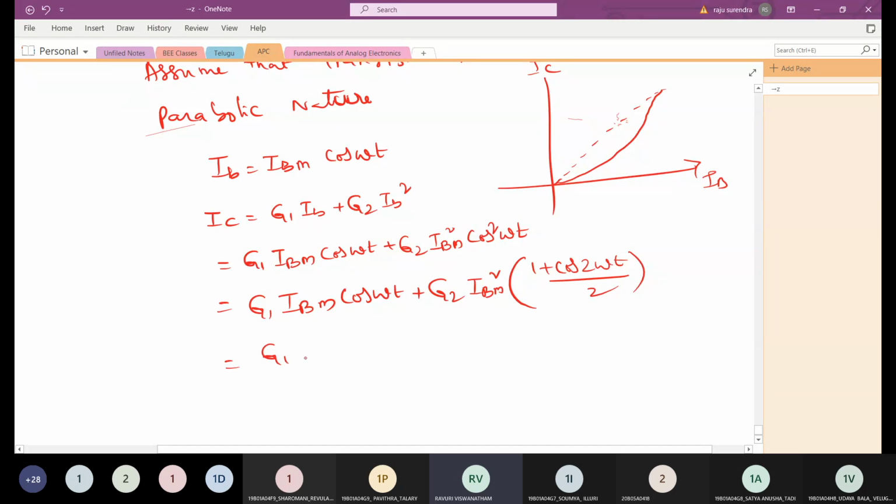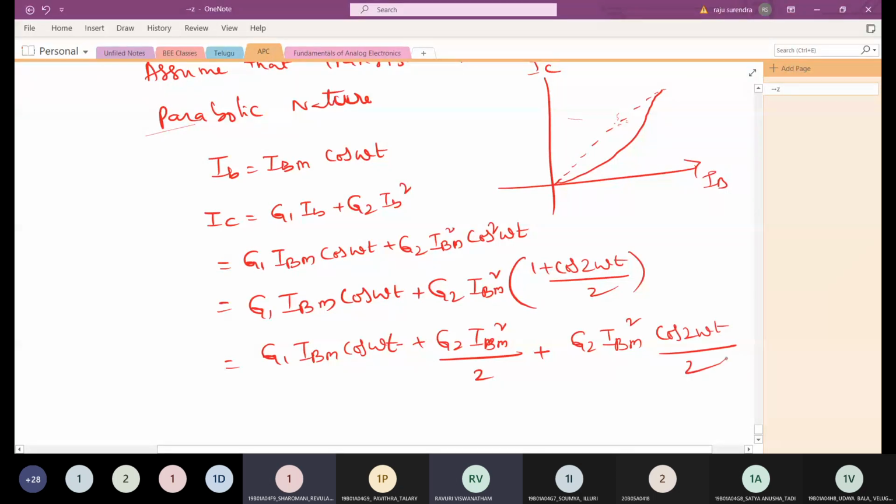Then expand: G1 IBM cos omega t plus G2 IBM square by 2 plus G2 IBM square cos 2 omega t by 2. All of you have done up to this? Yes, sir.